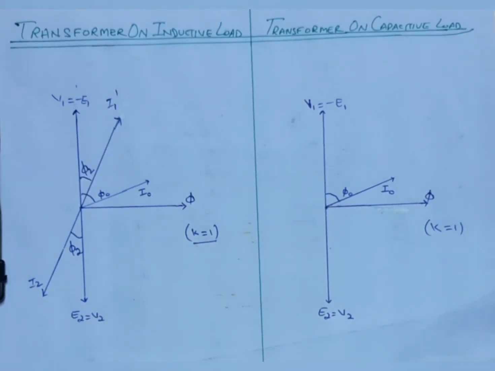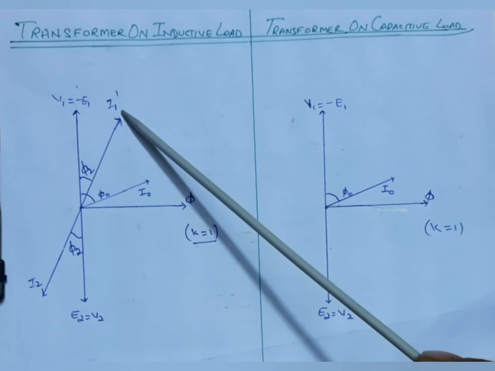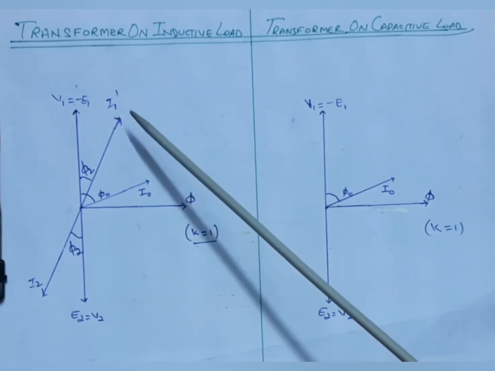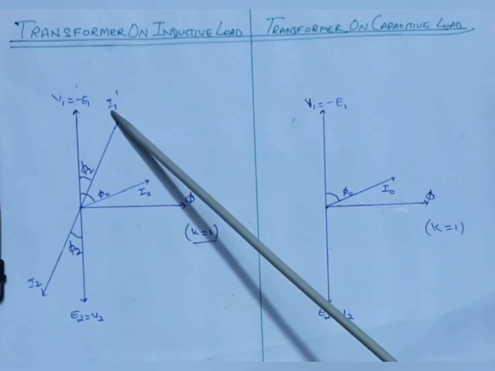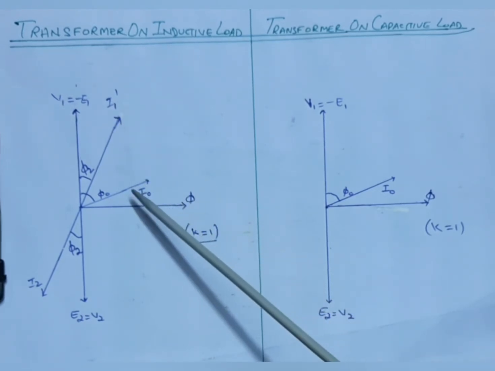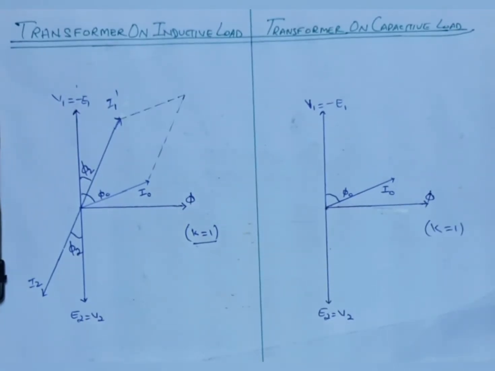Now due to I2 in the secondary, equal and opposite current I1 dash has started to flow in the primary. Now the primary is having two currents, I0 and I1 dash, and the resultant will be the vector sum of these two currents. So we have to make a resultant of these two vectors.